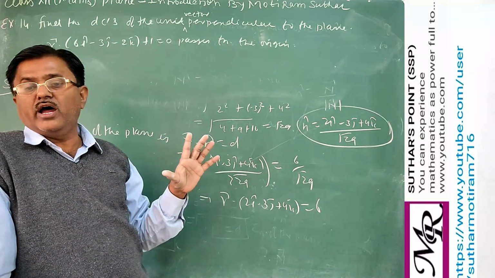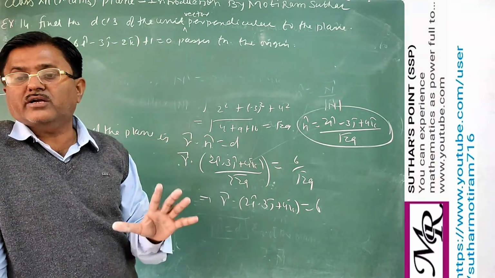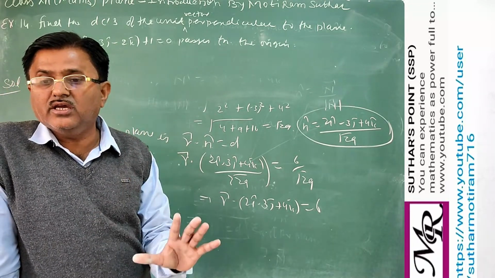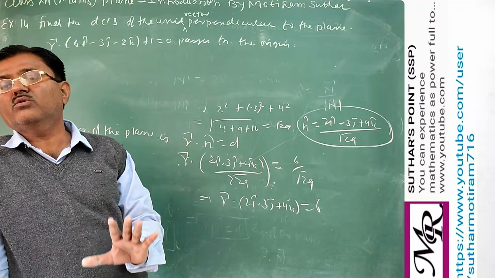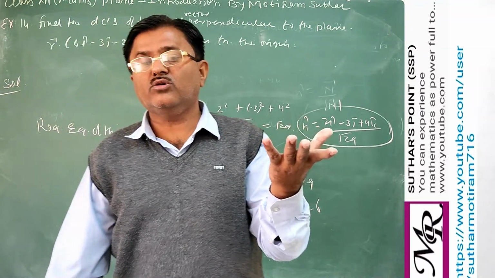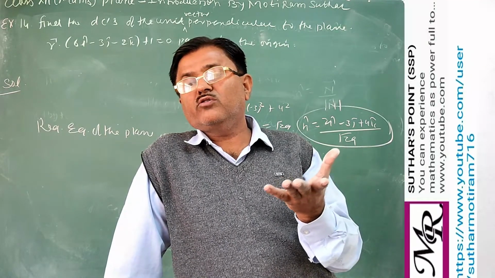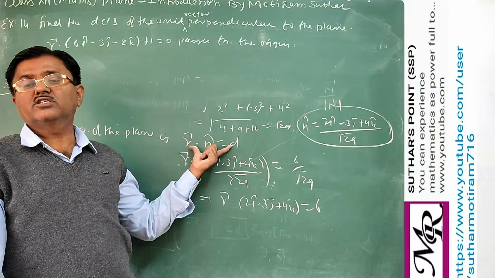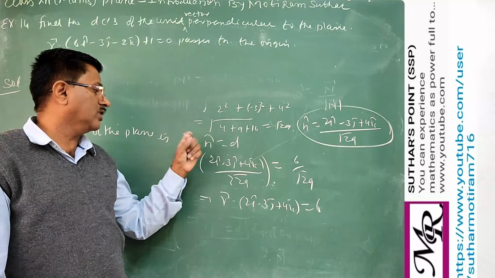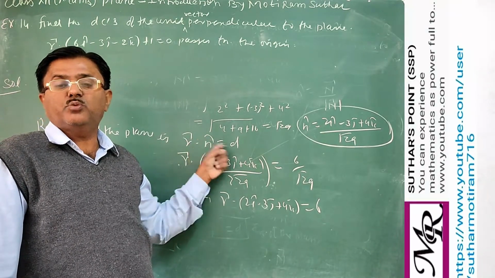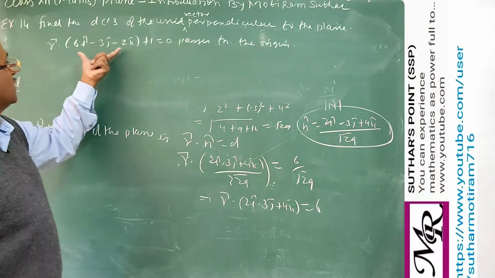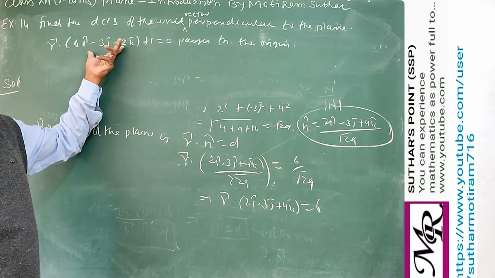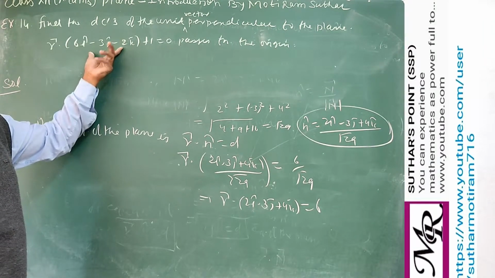I already told you that if you are given a unit vector, then the coefficients of i, j, k are called the direction cosines. So to find the direction cosine of a unit normal vector, we have to find that vector. How to find it? We have to convert into this form. First of all, you can check whether the given plane is in this form or not. You can say it is not because this is not a unit vector. Its magnitude is not equal to 1. So first of all, we have to write this in the unit vector form.